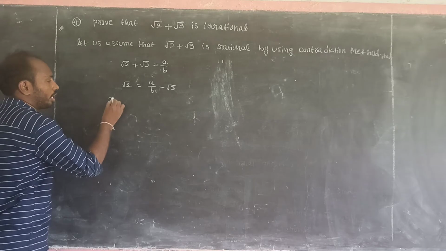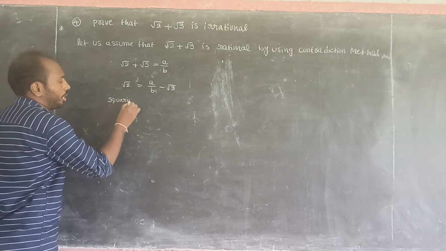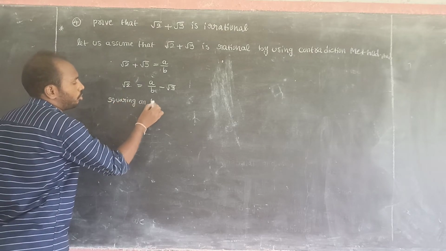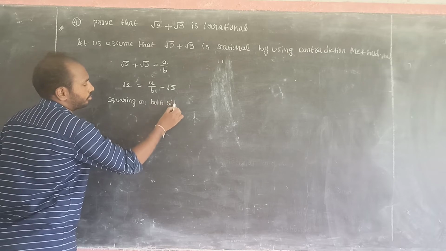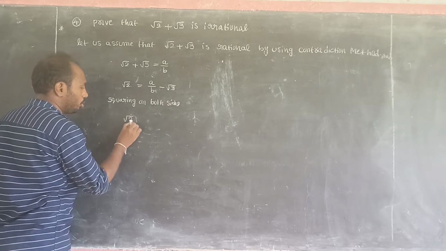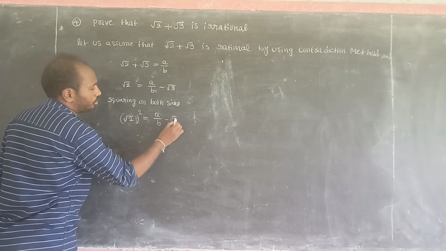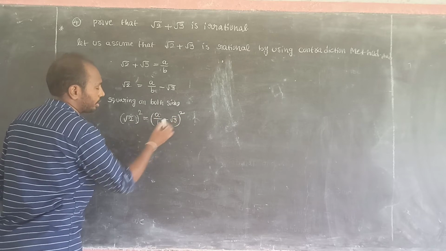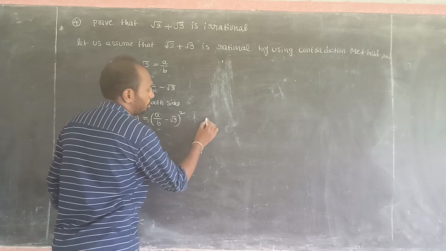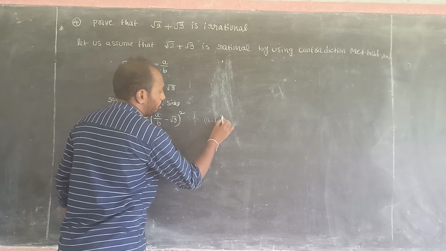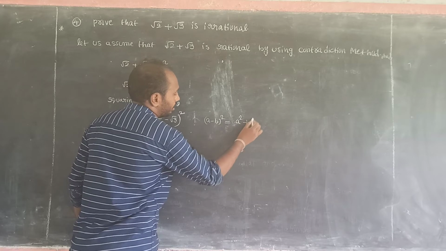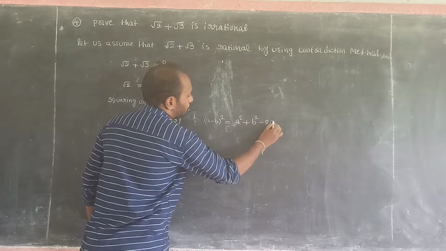Squaring on both sides: root 2 whole square is equal to (a by b minus root 3) whole square. So what is the formula? (a minus b) whole square is equal to a square plus b square minus 2ab.